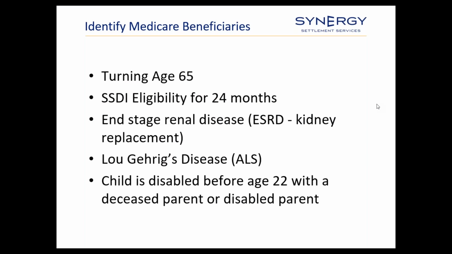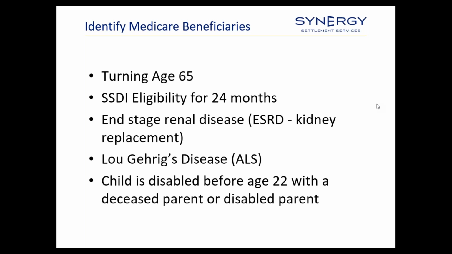But it's still a very gray area. So what do we want you to identify on the plaintiff side and even on the defense side? These are the things that need to be discussed during the settlement process. If your client's turning age 65 within 12 to 24 months, that's an automatic qualifier for Medicare. Regardless of disability, that's one of the things that would trigger Medicare a little bit quicker.